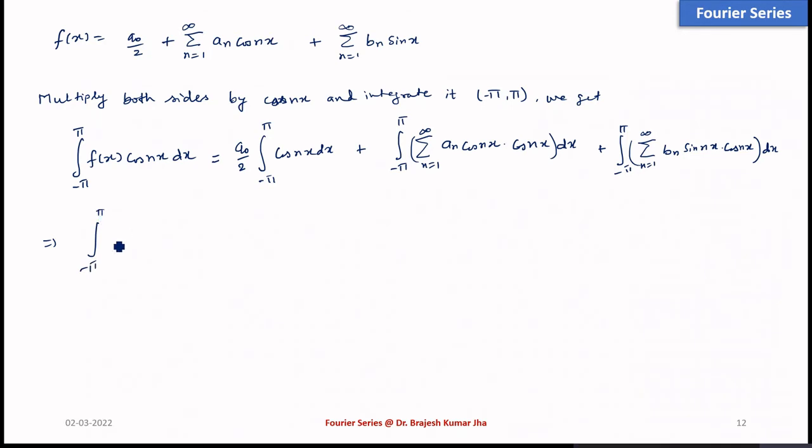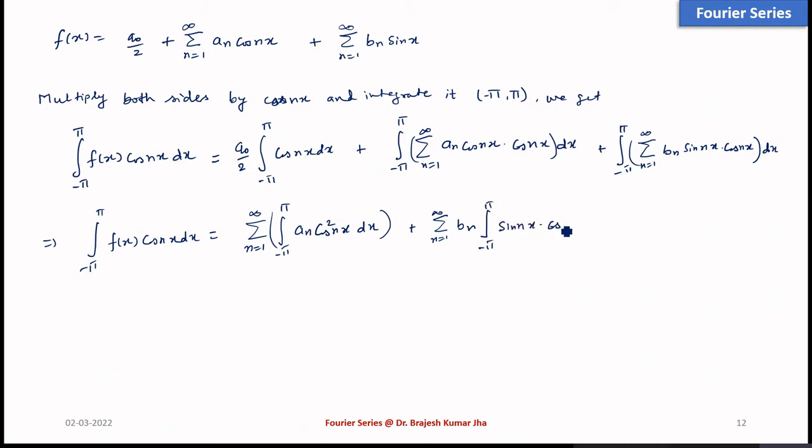So the integration from minus pi to plus pi of f(x) cos nx dx equals a0 times this zero term, plus summation n equals 1 to infinity of the integration from minus pi to plus pi of an cos square nx dx, plus summation n equals 1 to infinity of bn, which I can write outside, times the integration of sin nx into cos nx dx. So this is also going to be 0.